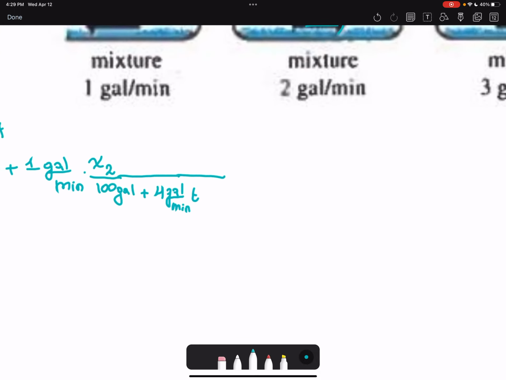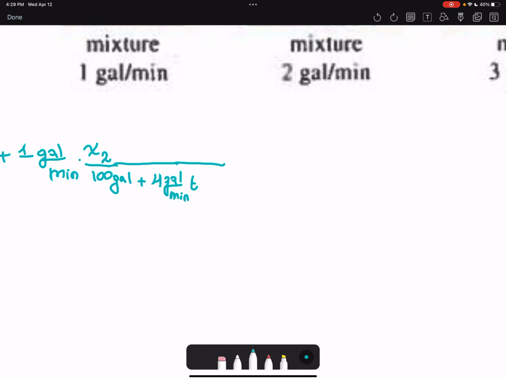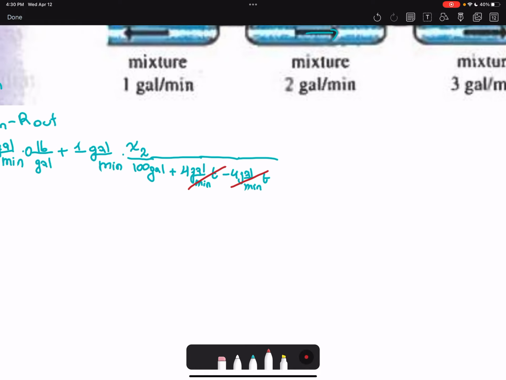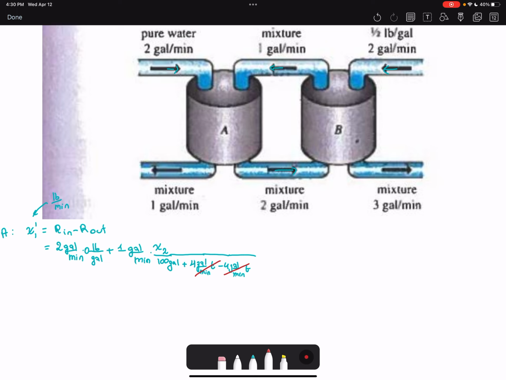And 3 gallons going out and 1, so a total of minus 4 gallons per minute going out times time, which means these are going to cancel out, and there's always going to be 100 gallons inside that tank. So this is just for the rate in.